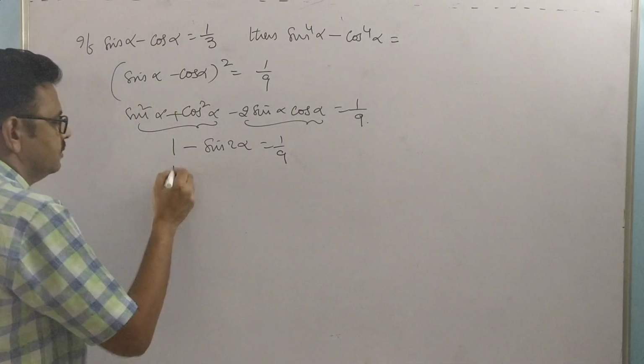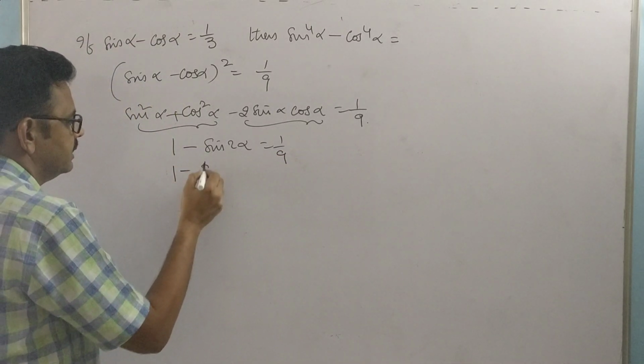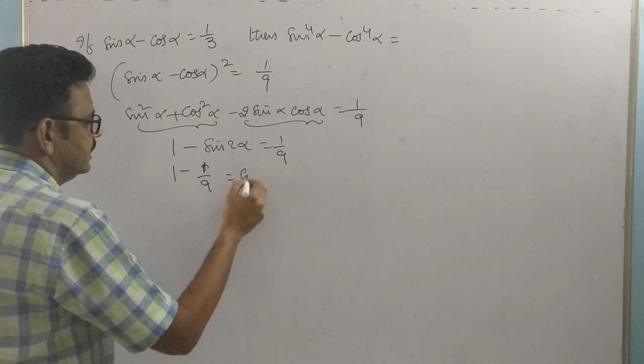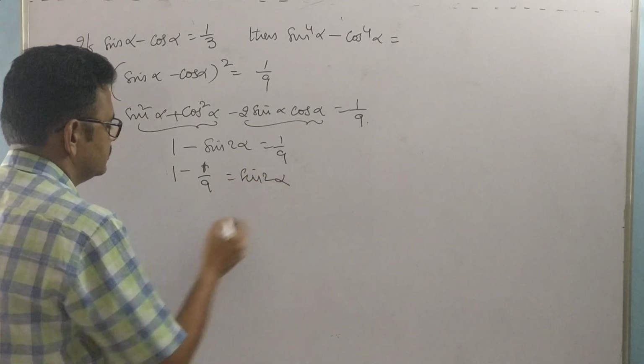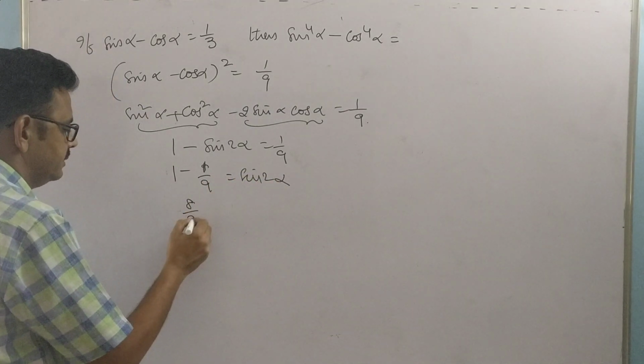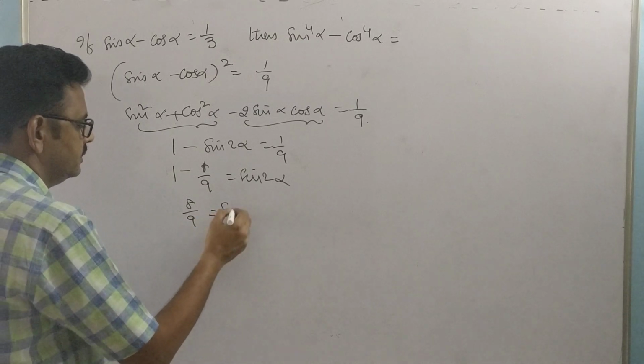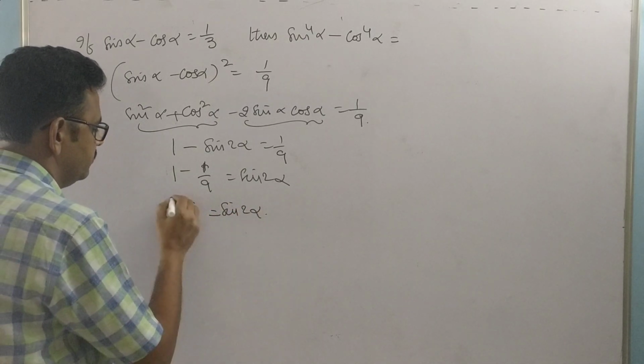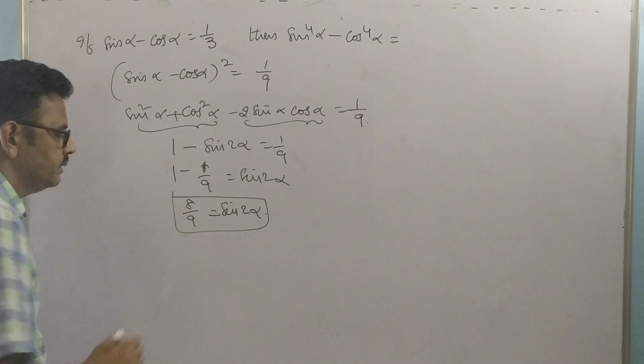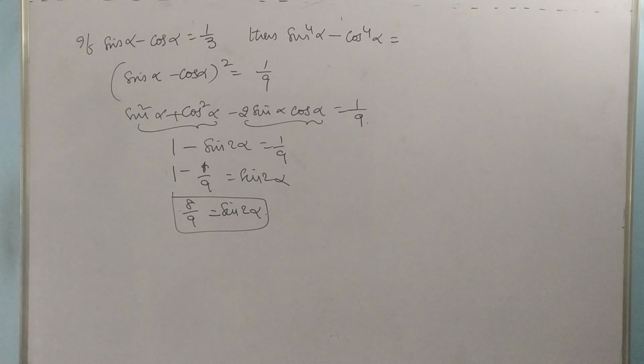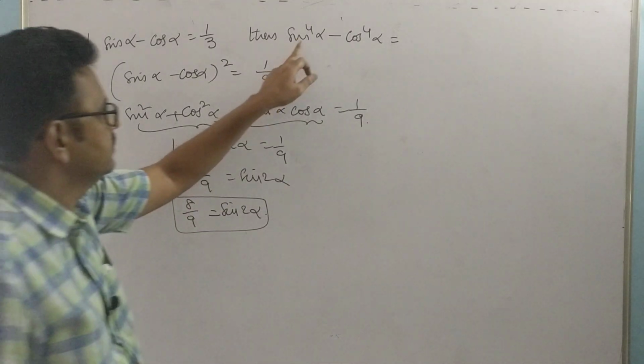So 1 minus 1 by 9 is equal to sin 2 alpha. So 8 by 9 is equal to sin 2 alpha. So sin 2 alpha value is what? 8 by 9.